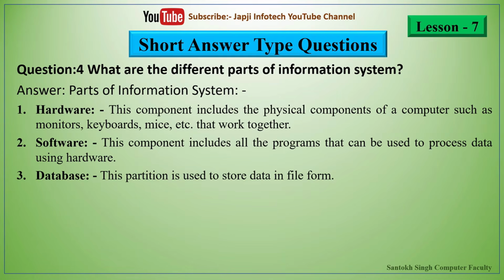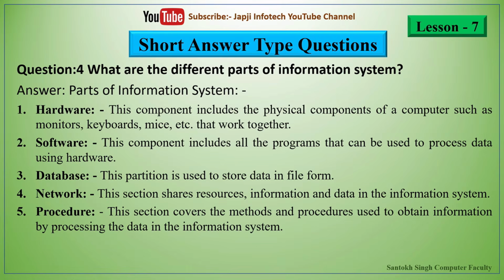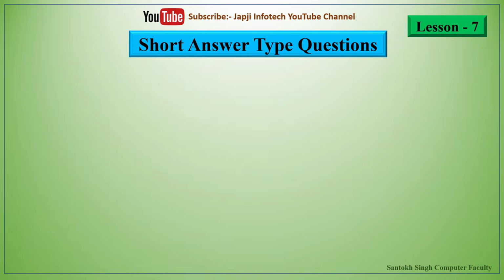This part is used to store data in file format. Fourth one is network. This section shares resources, information and data in the information system. And the fifth one is procedure. This section covers the methods and procedures used to obtain information by processing the data in the information system.